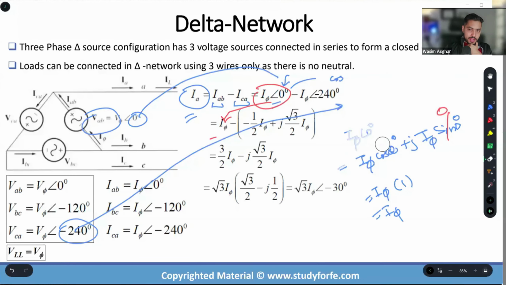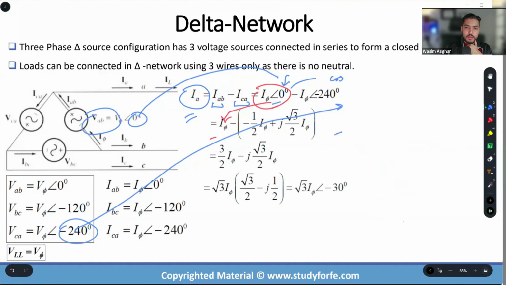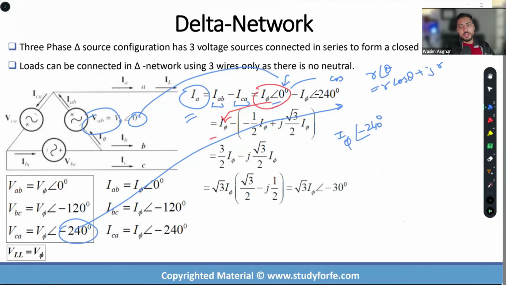Now, if I go through the same exercise for my I phase at minus 240 degrees to be precise, and this is simply using our polar form. This formula is given in the reference handbook, R cosine theta plus jR sine theta. No rocket science here. This is I phase cosine minus 240 plus j I phase sine of minus 240 degrees.